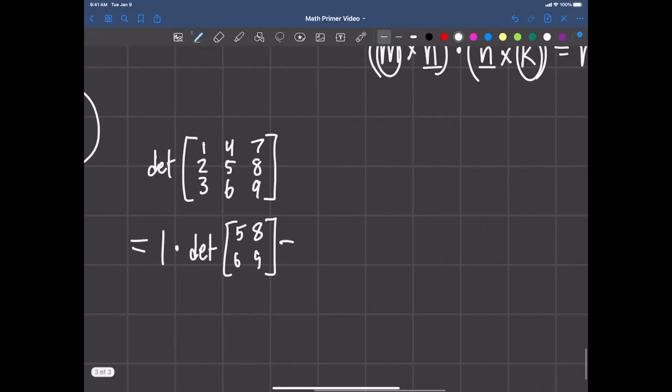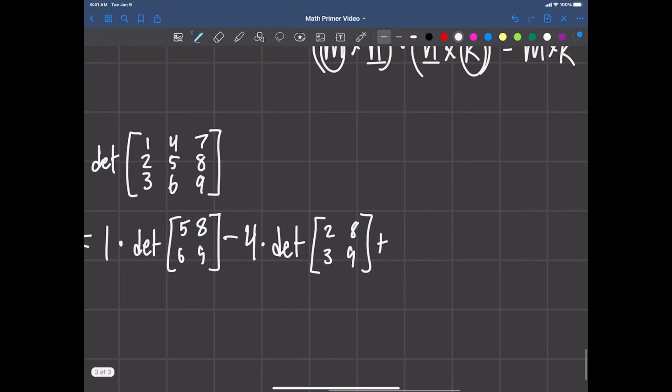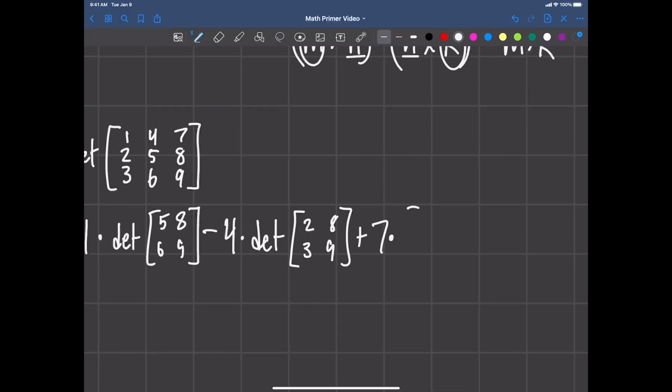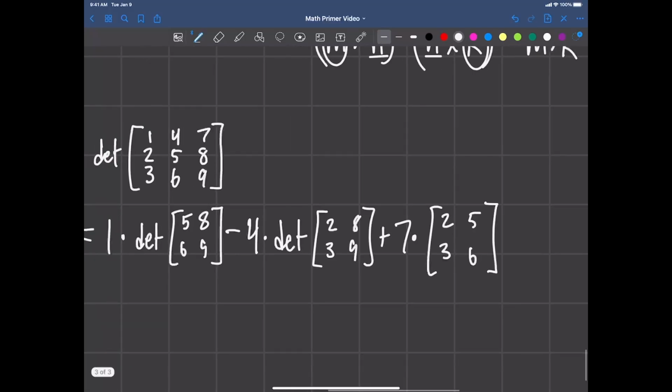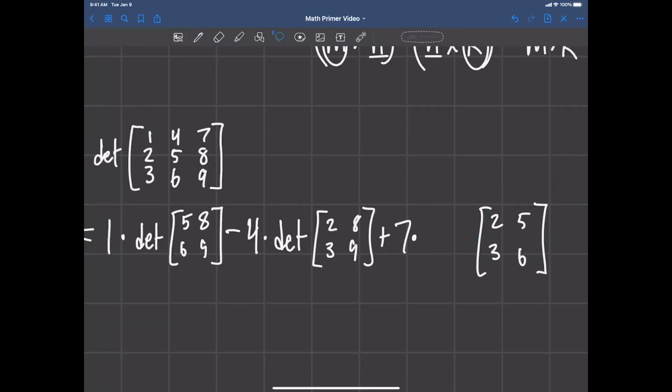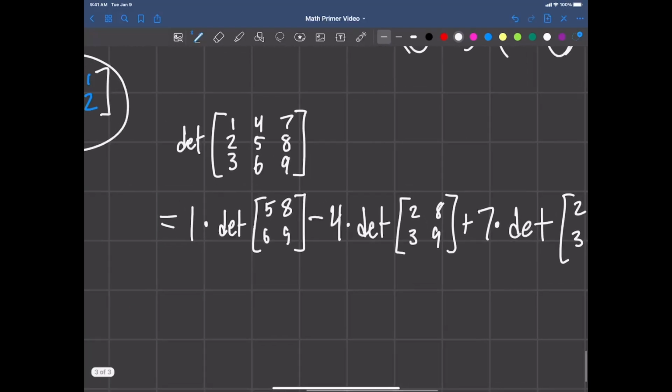We subtract it with 4 times the determinant of 2, 3, 8, 9. And we add it with 7 times the determinant of 2, 3, 5, 6. So essentially what we're doing is we're taking 1, multiplying it by the determinant of this, 4 multiplied with the determinant of this, and 7 multiplied by the determinant of this.